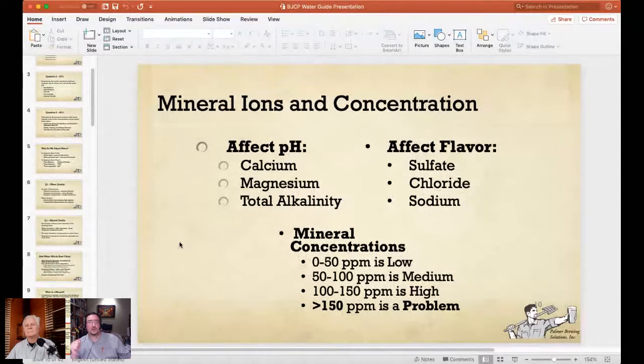And at that pH level, bicarbonate is going to be somewhere between 95 and 98% of the total alkalinity. Again, I explain this better in How to Brew and in the water book. But calcium, magnesium, bicarbonate are your pH ions.